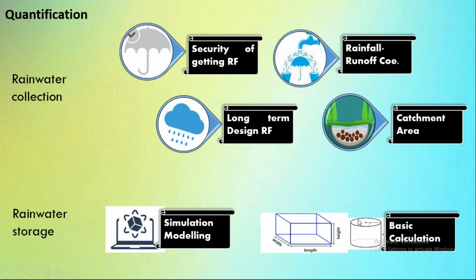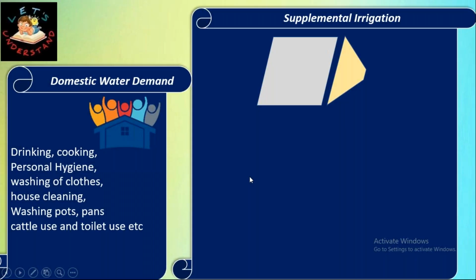Similarly, if we go for a circular cylindrical storage tank, there is a basic formula, 2 pi r into h. So we can design our storage tank, deciding how much width, how much height and how much depth will be required to store all the water from the harvesting structure.